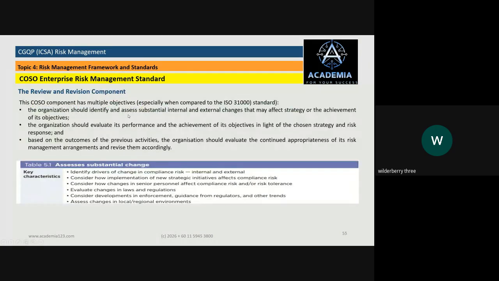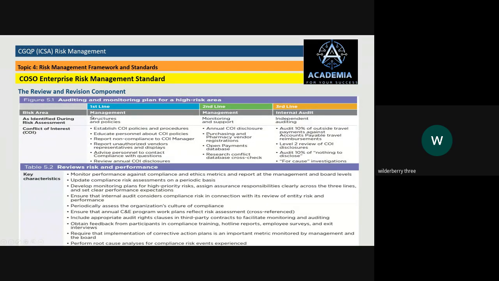Risk responses, that's here some aspects. Auditing might be interesting because it is helping here for executing the monitoring of a high risk area, and you have here several lines. It's like the 3 lines of defense. You have the management, the first line. It's about structures and to focus on structures and policies.